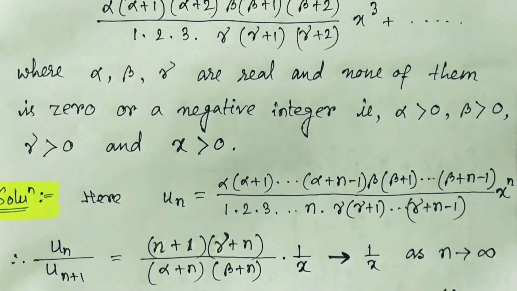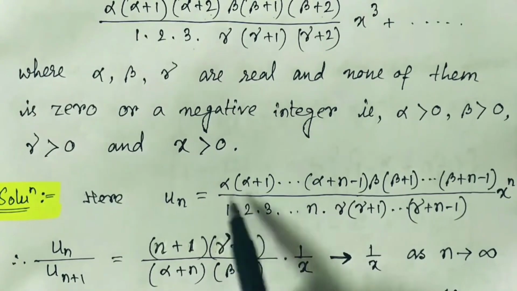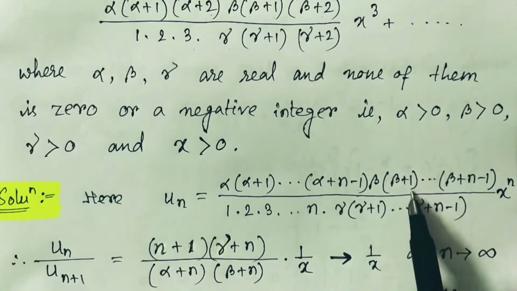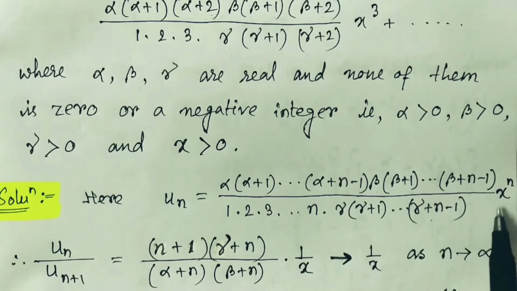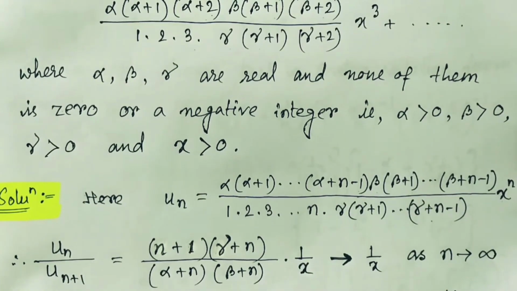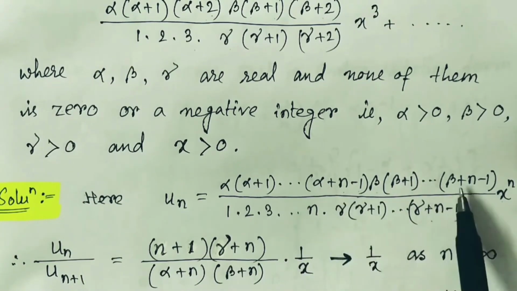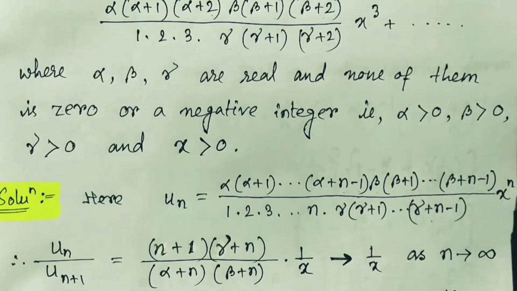For this series, if we want to discuss the nature of the series, then at first we should calculate un, that is the essential thing. So here un means alpha, alpha plus 1, up to alpha plus n minus 1 into beta, beta plus 1, up to beta plus n minus 1, similarly for gamma also, and the power of x is n definitely. So from here un plus 1 you can also calculate easily. For un plus 1 it goes up to alpha plus n, beta plus n, gamma plus n, and the power is x to the power n plus 1.